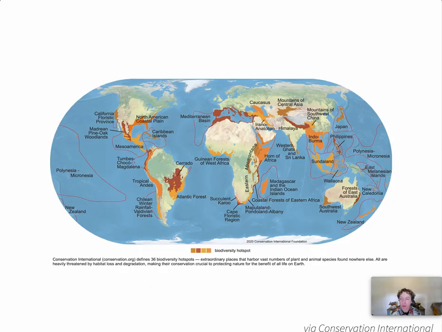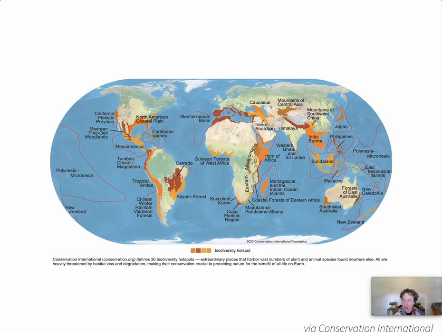There are places on Earth that are both biologically rich and deeply threatened. These areas have large numbers of endemic species, those found nowhere else, and many of these are heavily threatened by habitat loss and other human activities. Conservation International has identified 36 regions where success in conserving species can have an enormous impact in supporting global biodiversity.